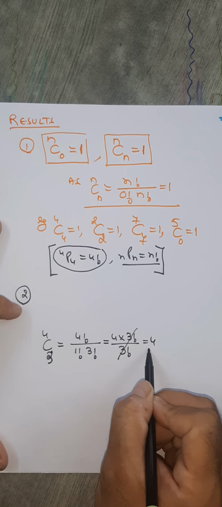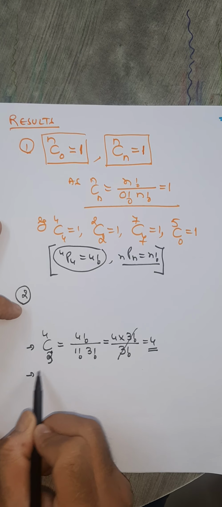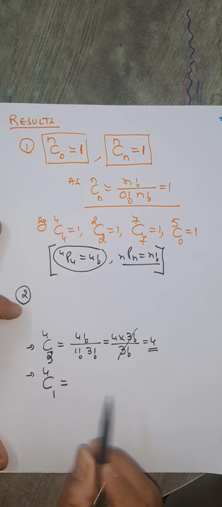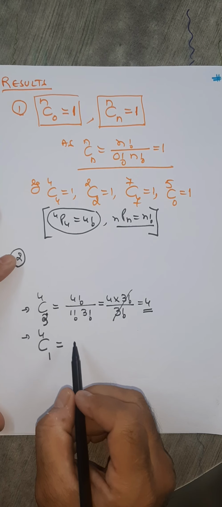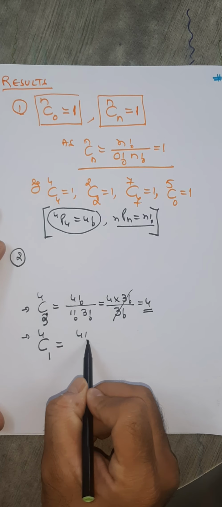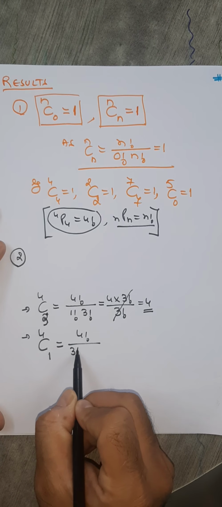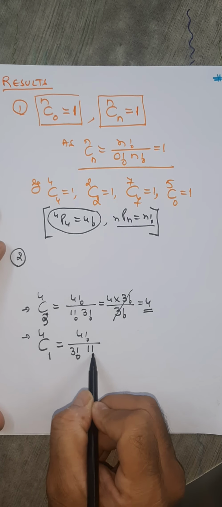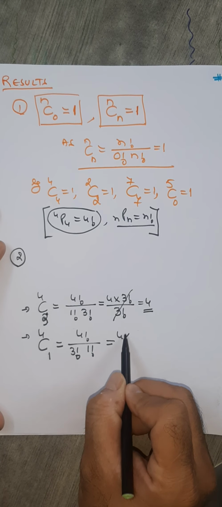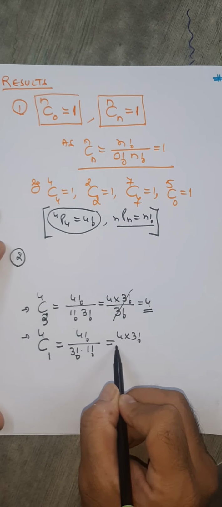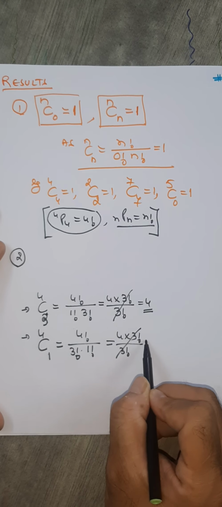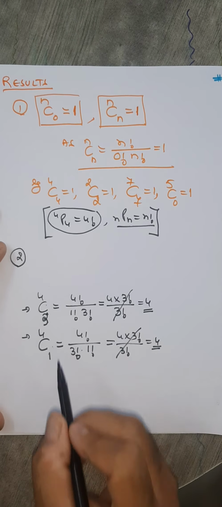So here it is just 4. Now let me find 4C1, which is 4 factorial upon (4 minus 1), which is 3 factorial, into 1 factorial. Simplify this: 4 into 3 factorial upon 3 factorial. So again 4. See, these two are equal.